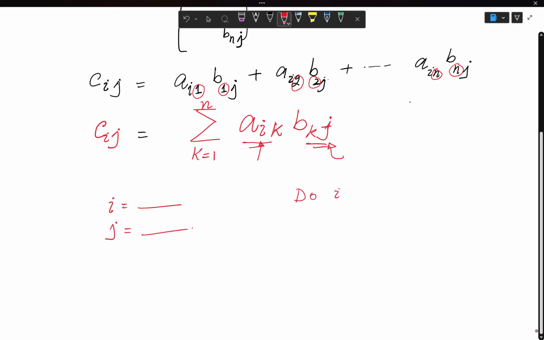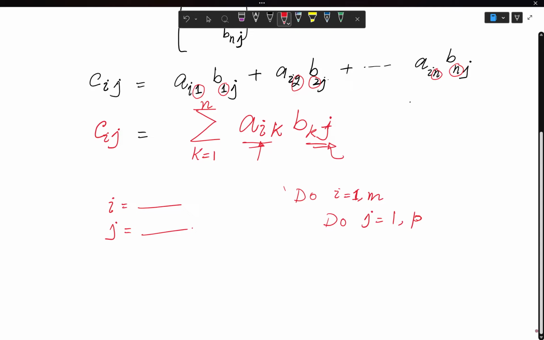I will vary from 1 to m, because it is limited by the rows of A. And the j index will vary from 1 to p, because the columns cannot be more than p.